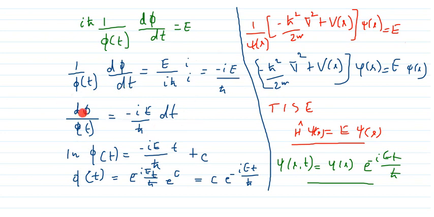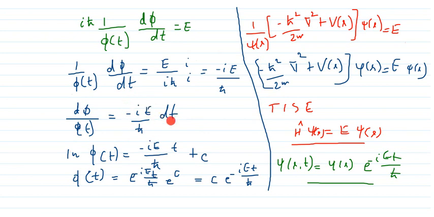integrate it. This is the integral over the variable phi, and on the right hand side we have integral over t. So integrating d phi by phi, that means it turns out to be a logarithmic function, and on the right hand side it is minus iE by h cut is just a constant.